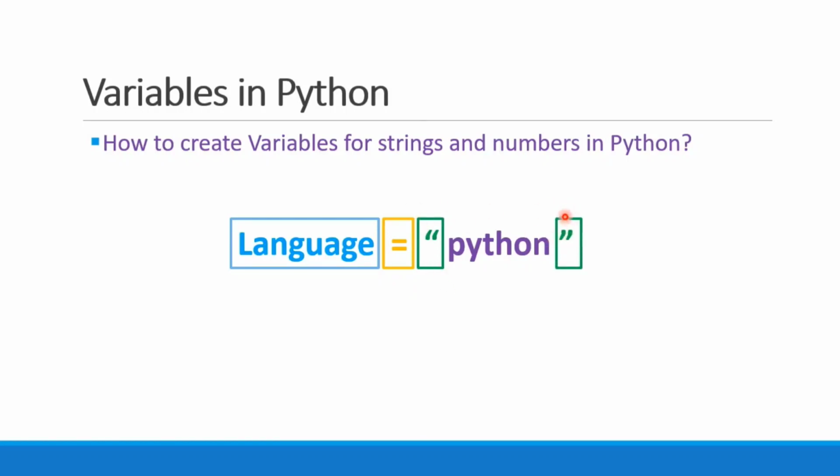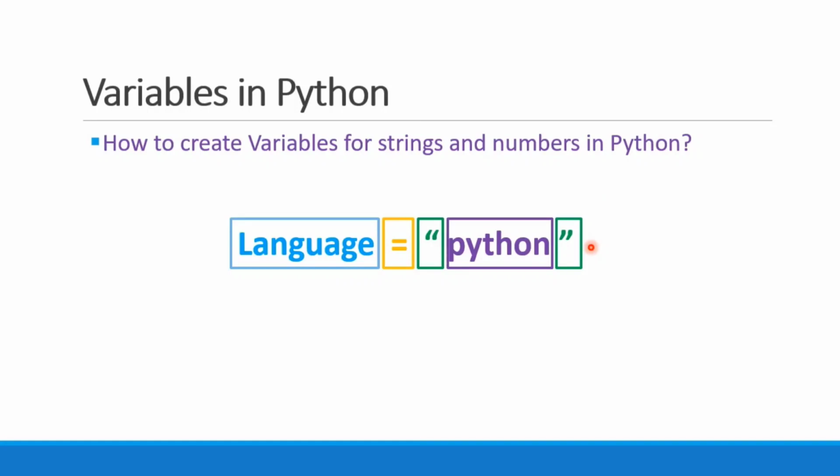What these are saying here, these are telling that this Python is a string. Whenever we want to create a variable for string, we have to write the value in double quotes or single quotes. Here the value is this Python, and these double quotes are showing that this value is a string.